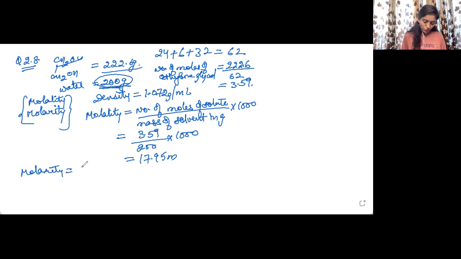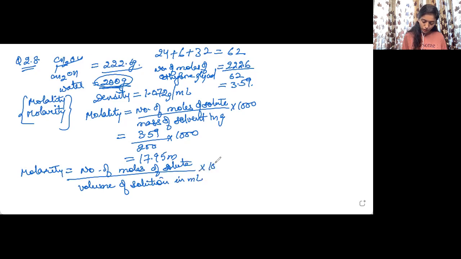Molarity is equal to number of moles of solute upon volume of solution in ml, multiplied by 1000. So the number of moles we have already calculated, 3.59. Now the volume of solution in ml we do not have.